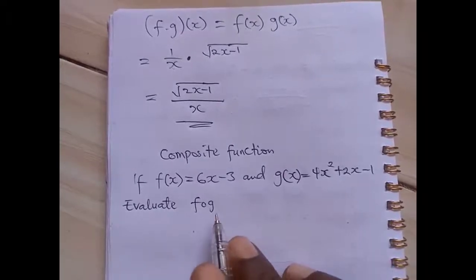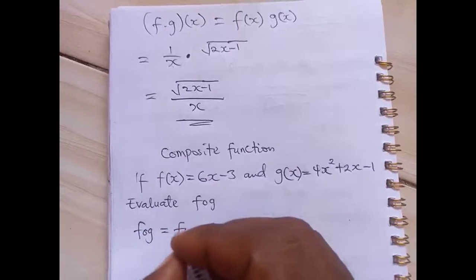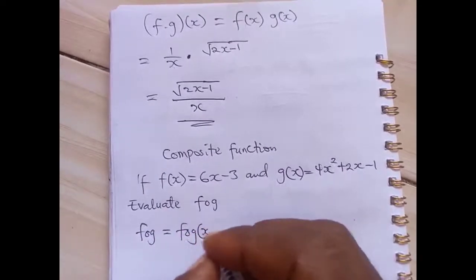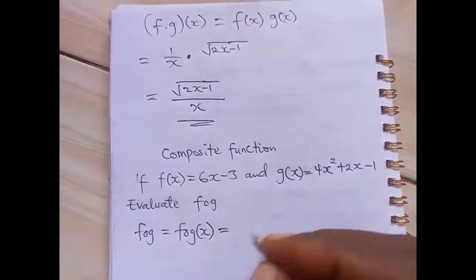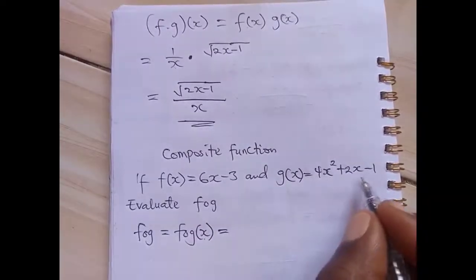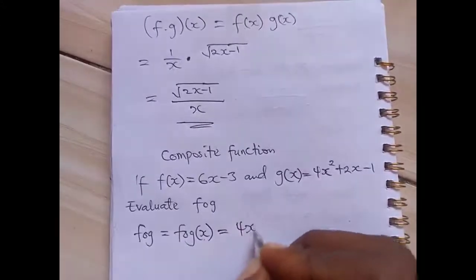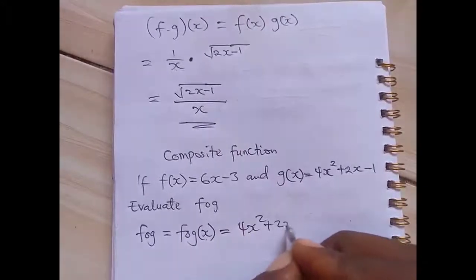Now f of g is saying f of g of x, which means g of x already is 4x squared plus 2x minus 1.